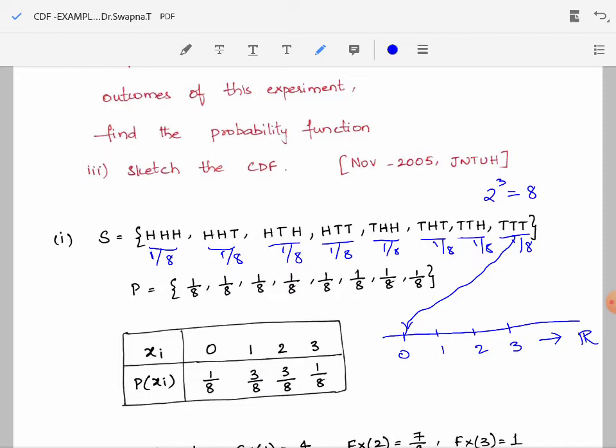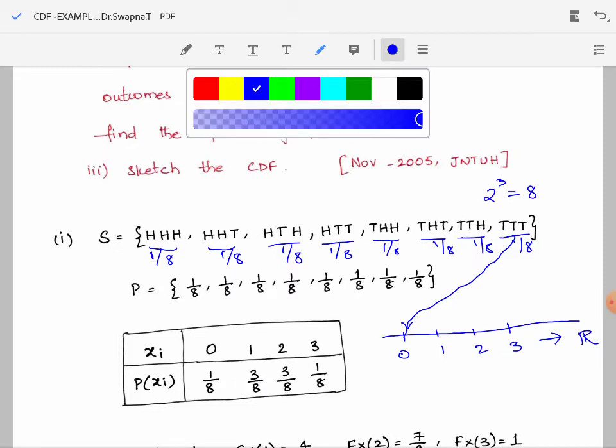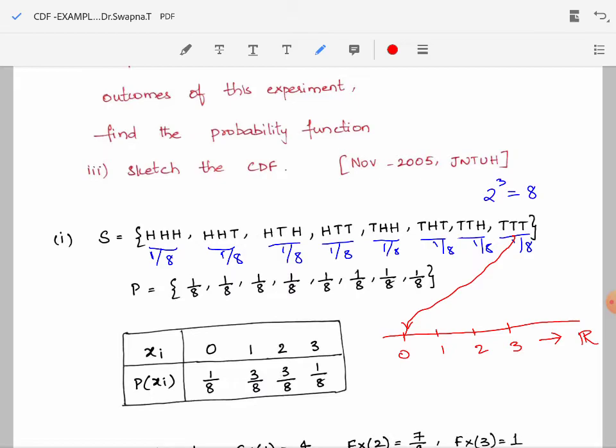And what is the next one? The next is the number of heads equal to 1. The outcomes with 1 head are HTT, THT and TTH.